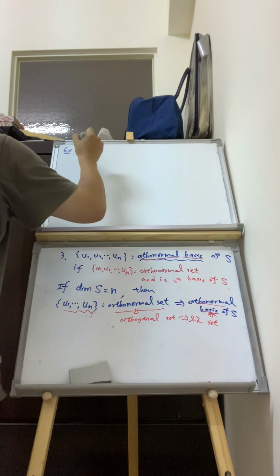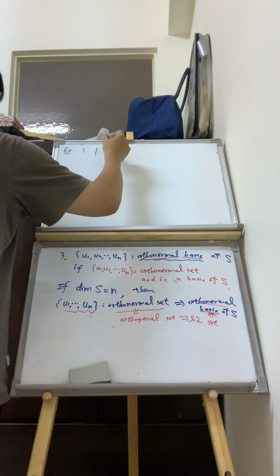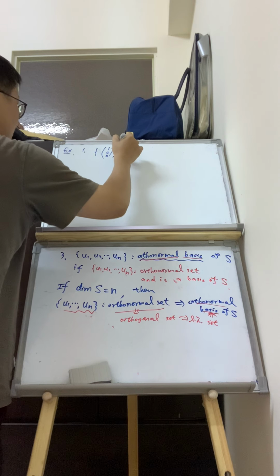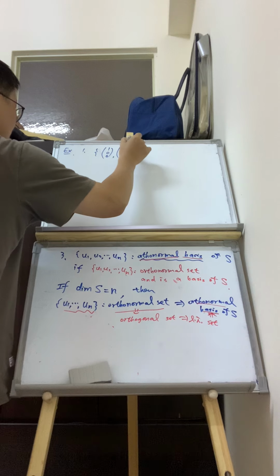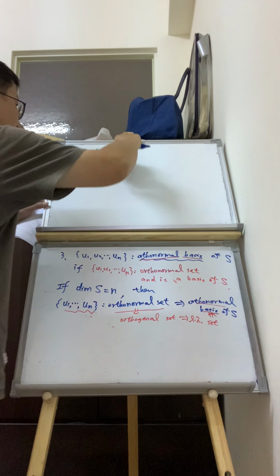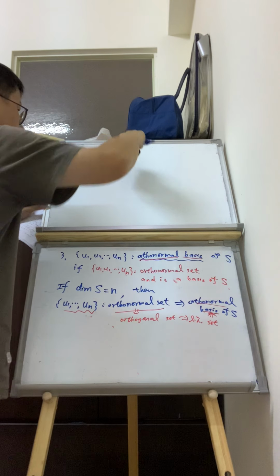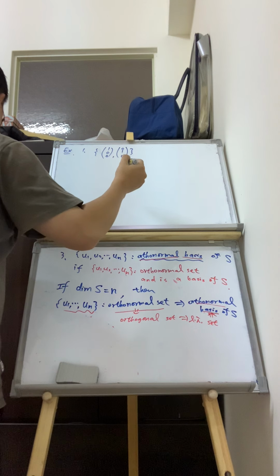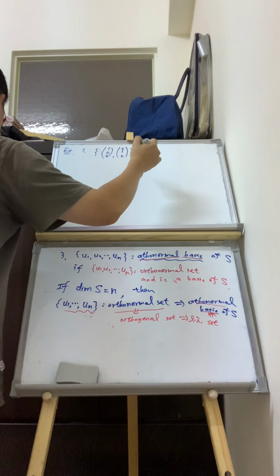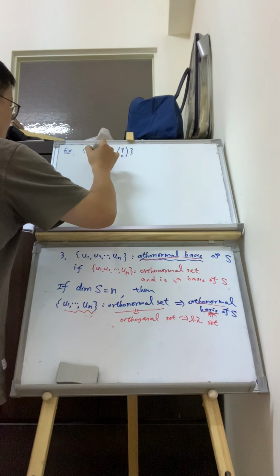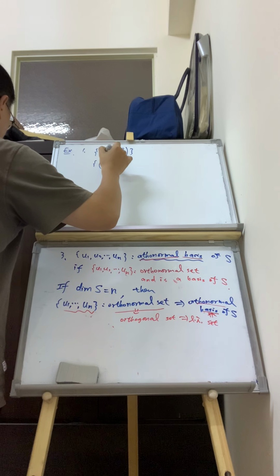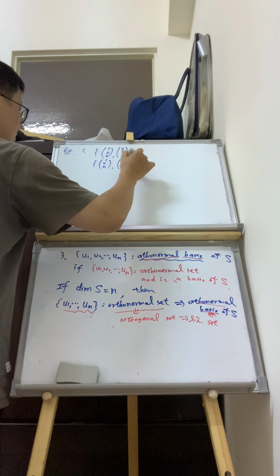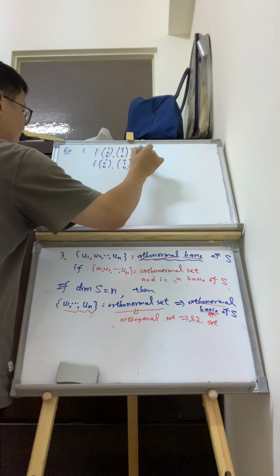For example, (1, 0, 0) and (0, 1, 0), and also (1, 0, 0), (0, 1, 0), (0, 0, 1).